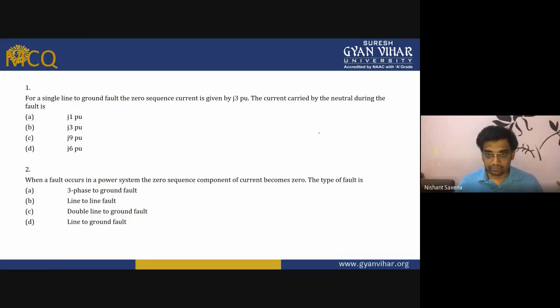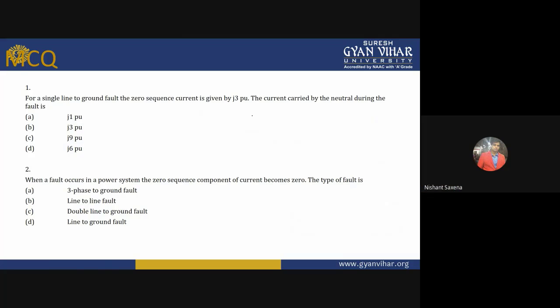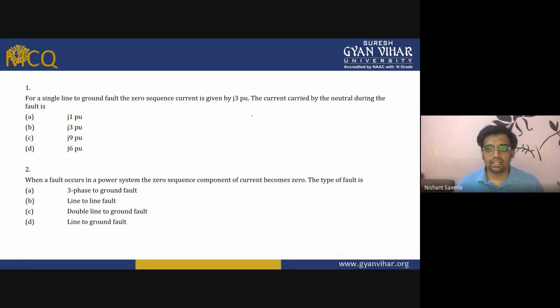Look at this question: a single line to ground fault has occurred, and the zero sequence current, that is your IA0, is given as j3 per unit. What will be the current carried by the neutral during the fault?